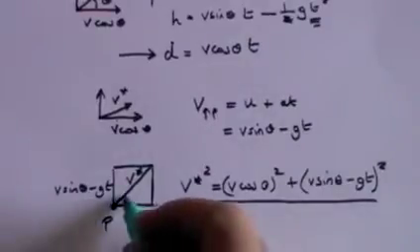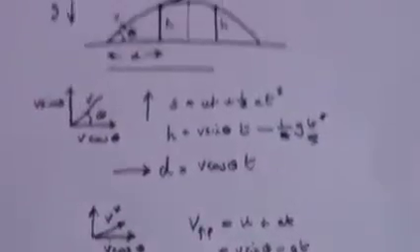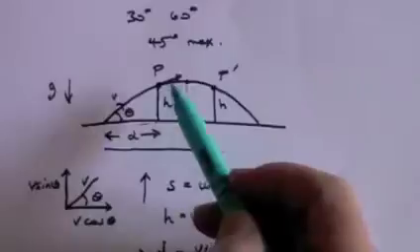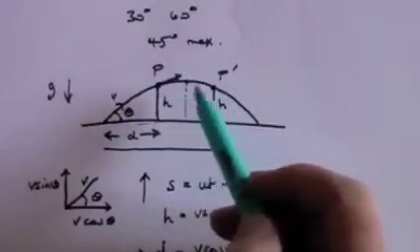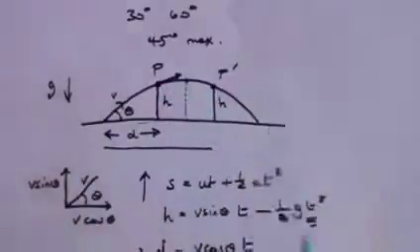And if you want to know what that new angle theta star is at point P, in other words, what is the angle with the horizontal of the velocity once you get to point P?